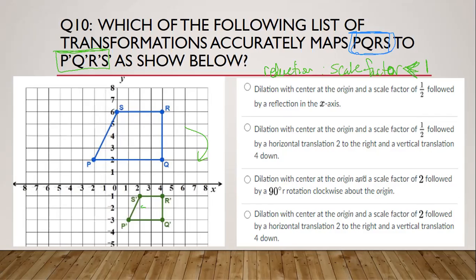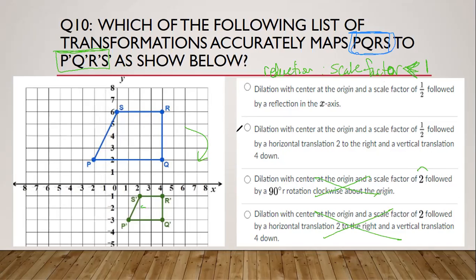Dilation with the center at the origin and a scale factor of 2, no. We had a reduction, not an enlargement. That means this is definitely not an option. Dilation with a center at the origin and a scale factor of 2, again, not an option. So I've just cut my choices by half.